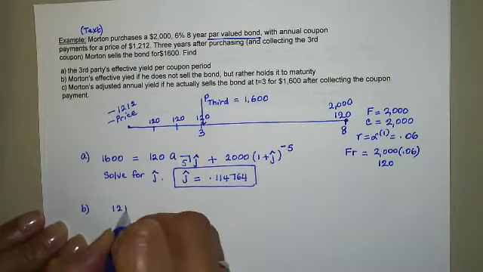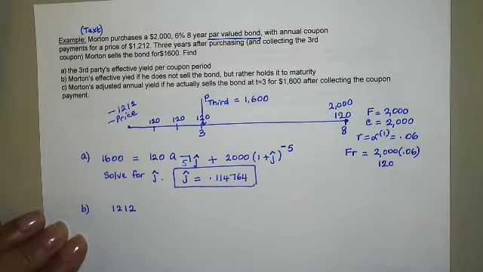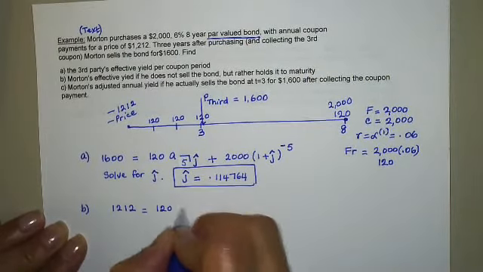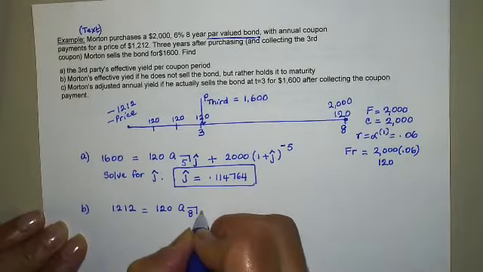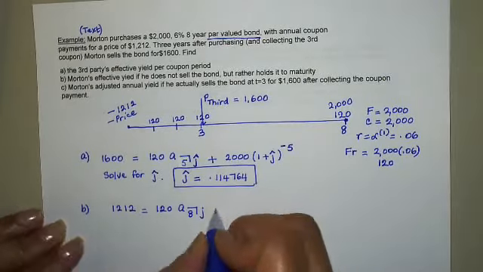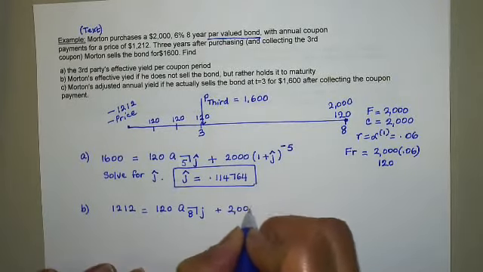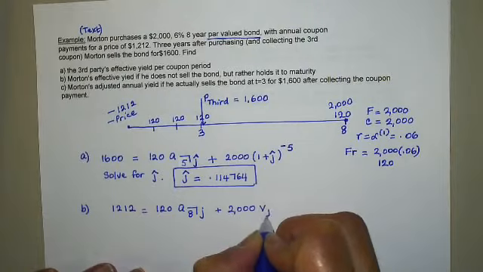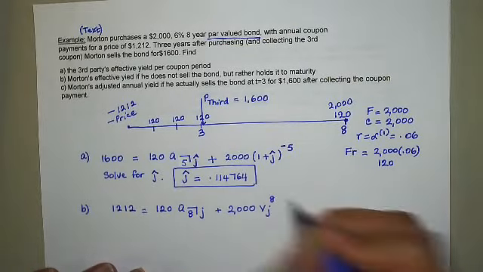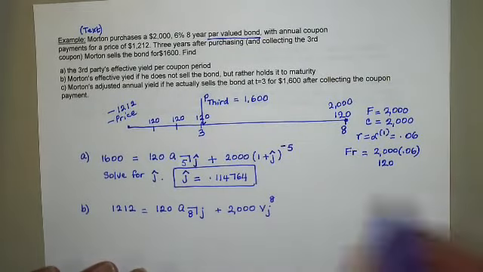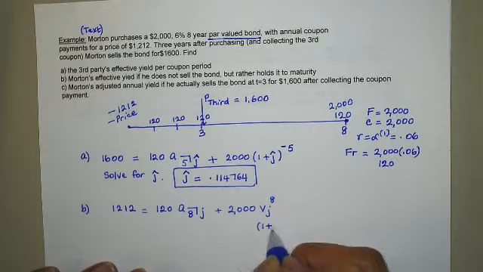Part B. Find Morten's effective yield if he does not sell the bond but rather holds it to maturity. How many coupons? 8. So he paid 1,212. That's his price.